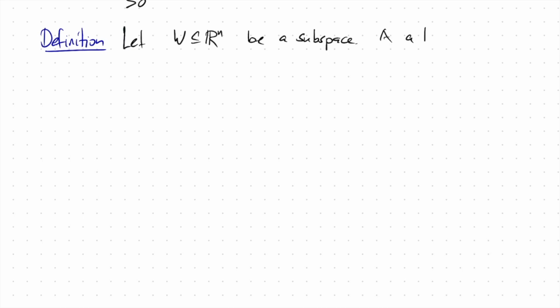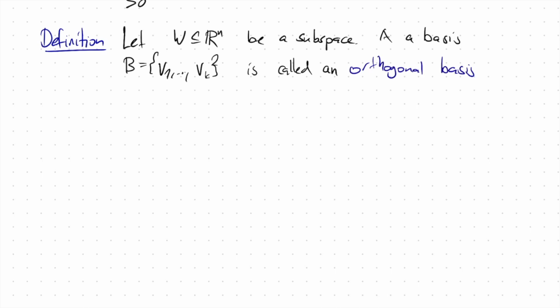Let's do another definition. Let W in R^n be a subspace. Then a basis B consisting of k vectors v1 until vk is called an orthogonal basis, provided B is also an orthogonal set.